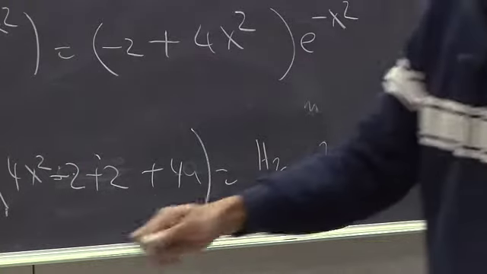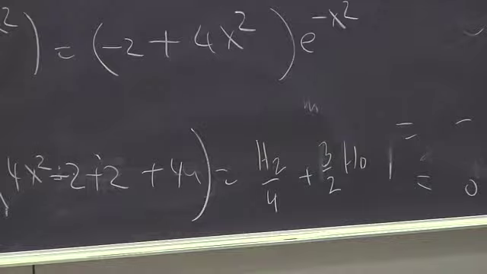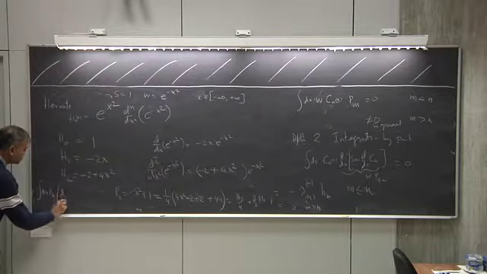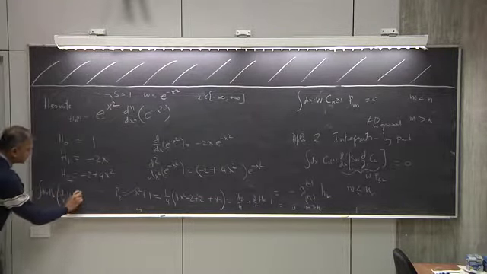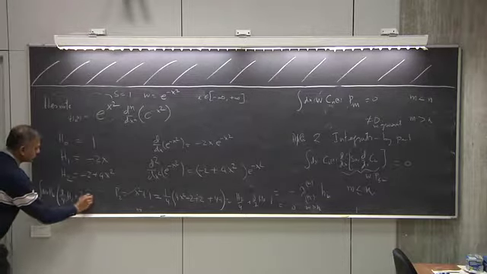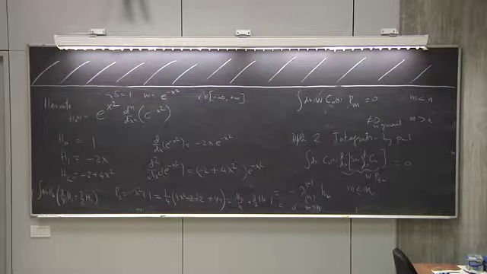So for this particular P2, we have 1/4 H2 plus 3/2 H0. This integral of course vanishes, because we have proven that the H's are orthogonal, but this integral is not vanishing.